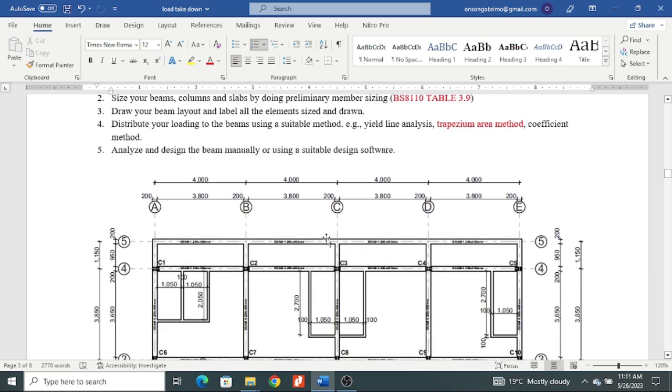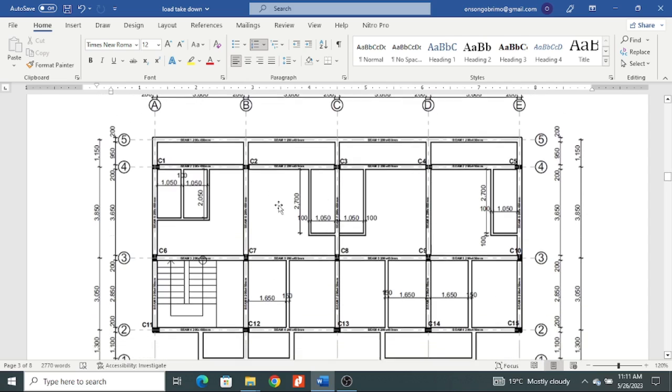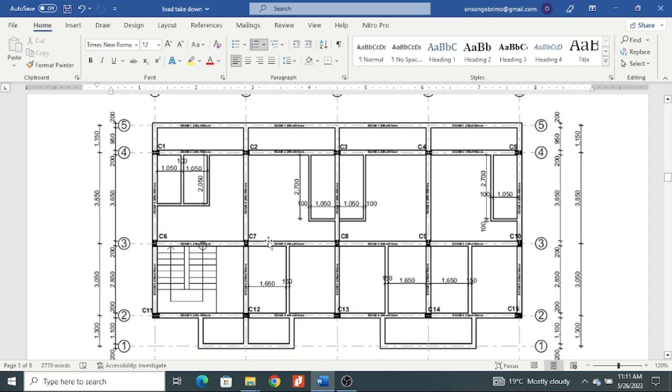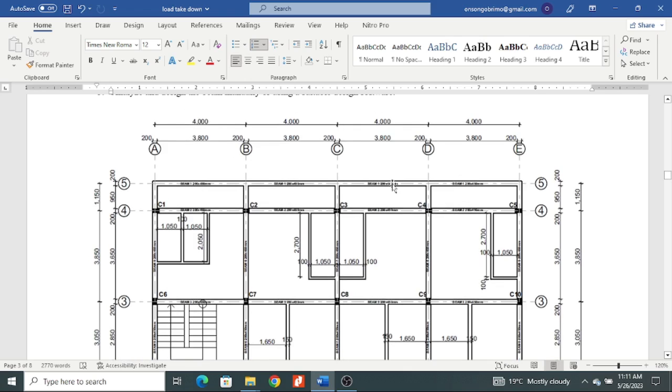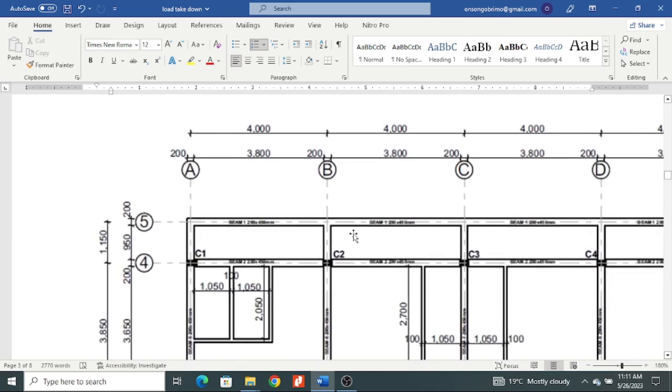You can observe I have this building right here, and then I have the grid lines stated. I'm using 200mm thick walls, and these are the spacings between the walls, but my grid lines are at the center of the beams, the walls, and the columns. Let me increase this so that you can observe where they're passing.